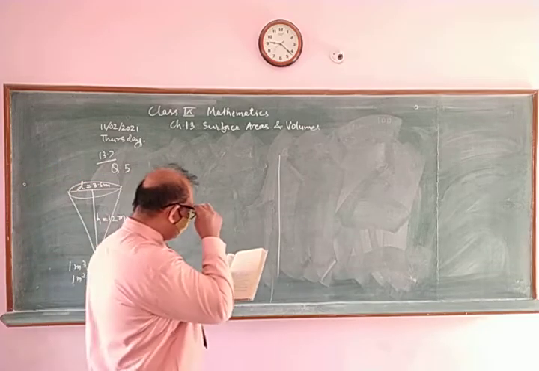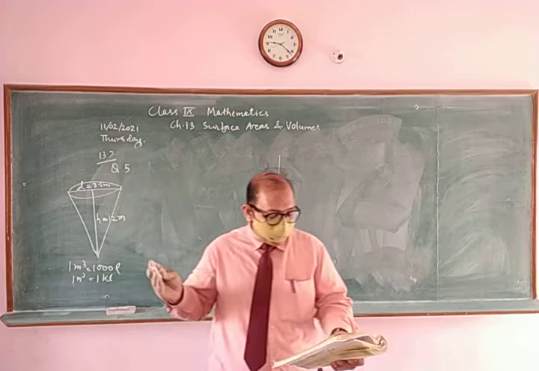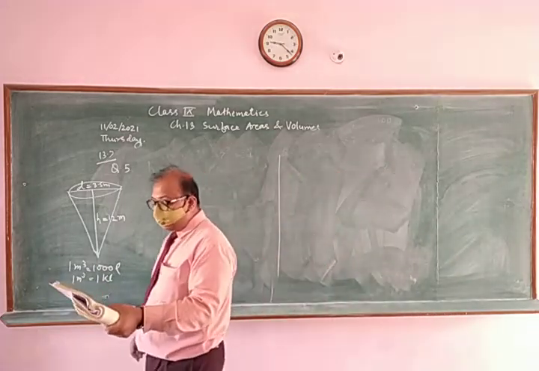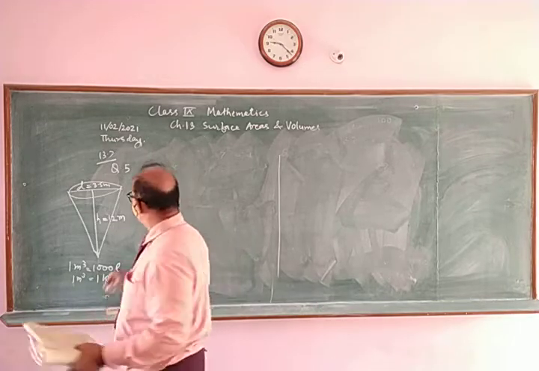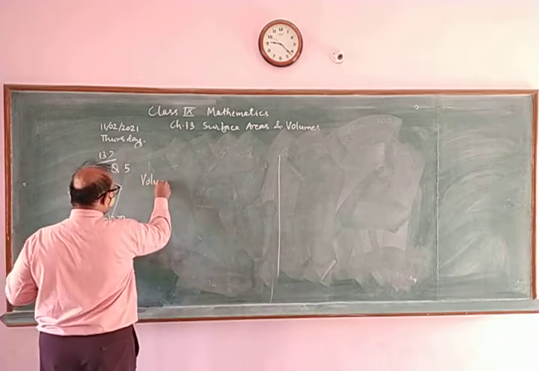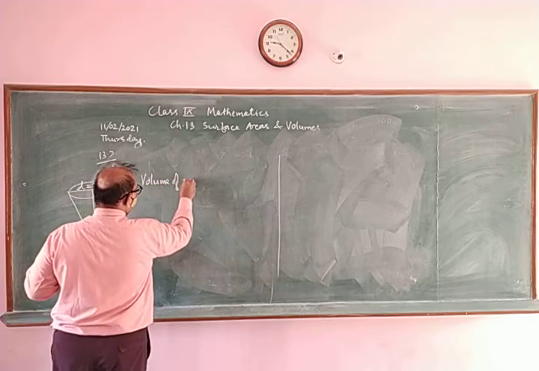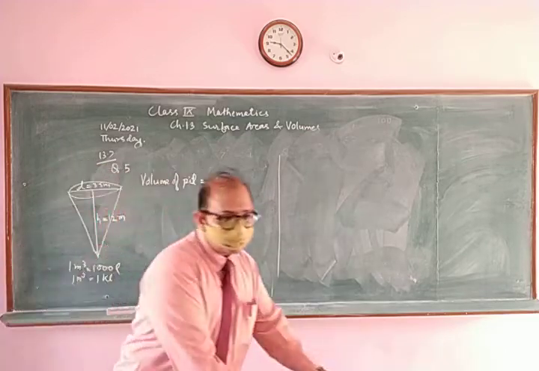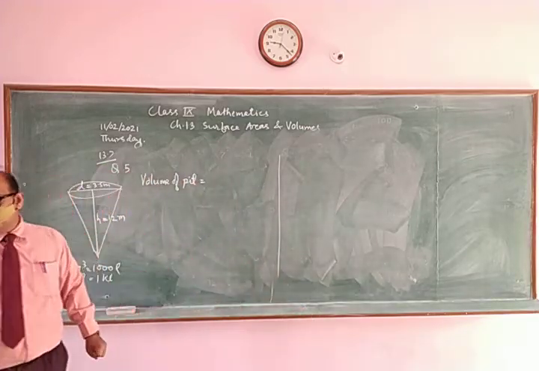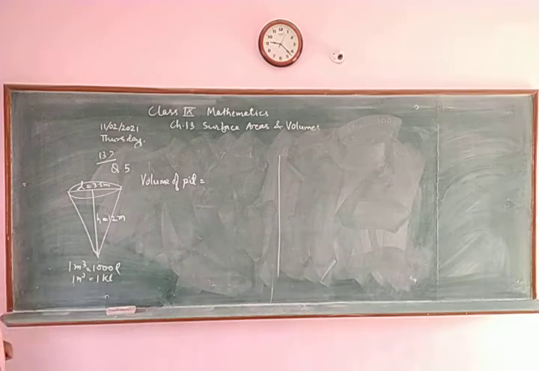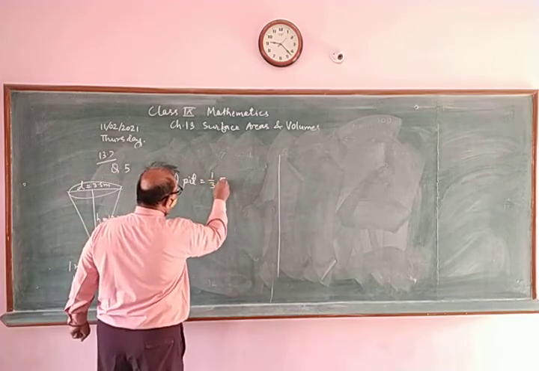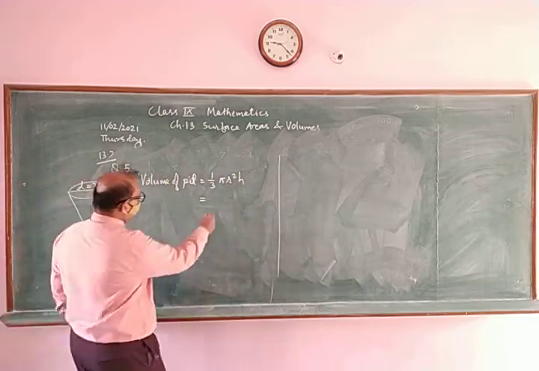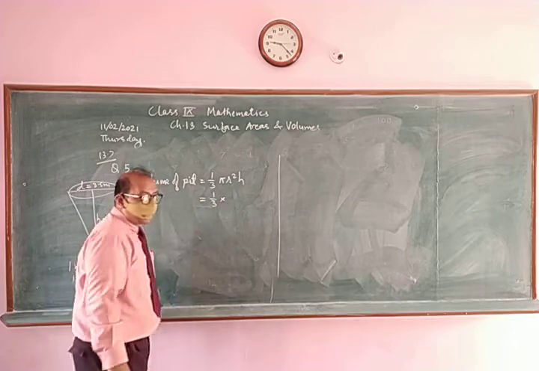Okay? Now, a conical pit of diameter 3.5 meter is 12 meter deep. What is the capacity in kiloliter? So, volume of conical pit is equal to formula. What is the formula? 1 by 3 pi r square h. Is the value of pi given?